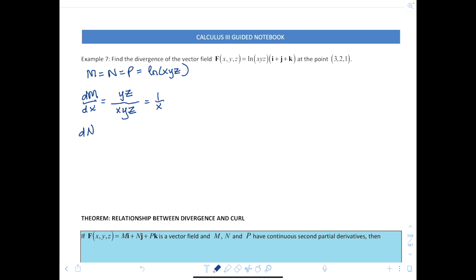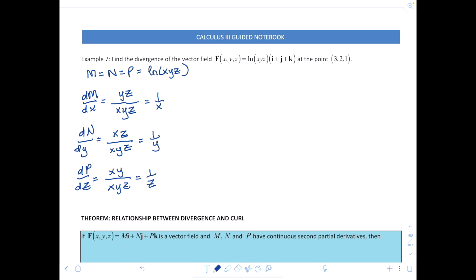dn dy will equal xz over xyz, which will be 1 over y. And dp dz will be xy over xyz, which is 1 over z.